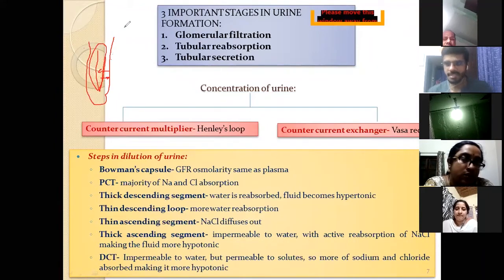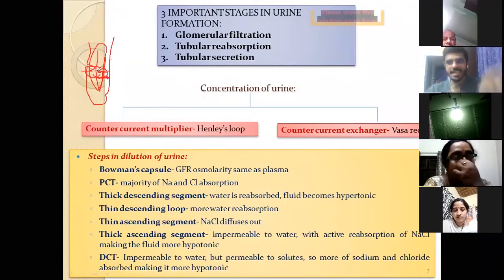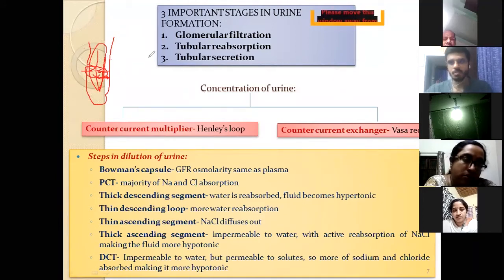Is this concept clear? Because things are moving in opposing directions, what moves into the interstitial fluid here will move out here and vice versa. So it will be like a cycle. Ions will keep circulating in a cyclic manner between the blood vessels, the interstitial fluid, and the loop of Henle.